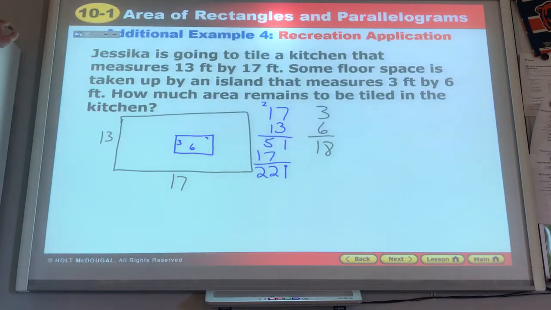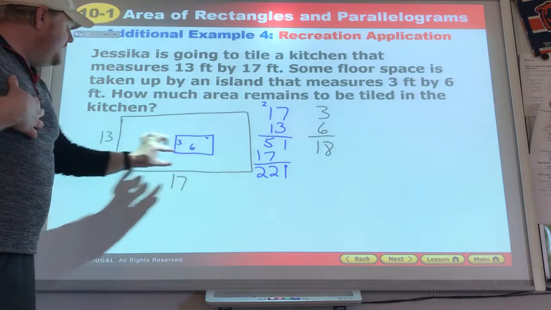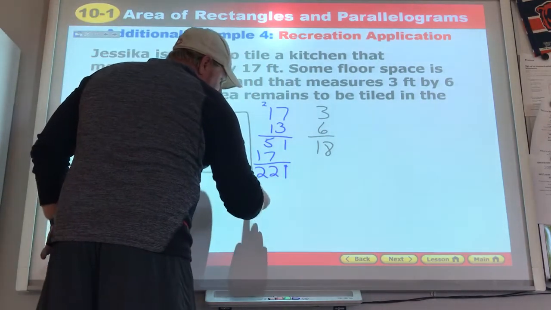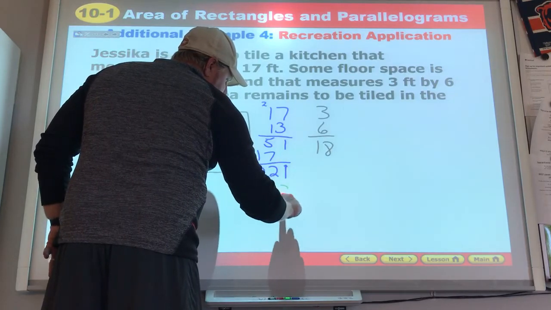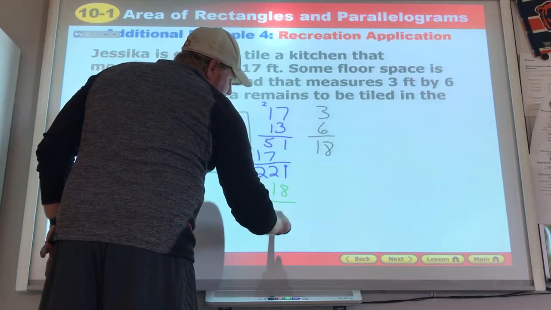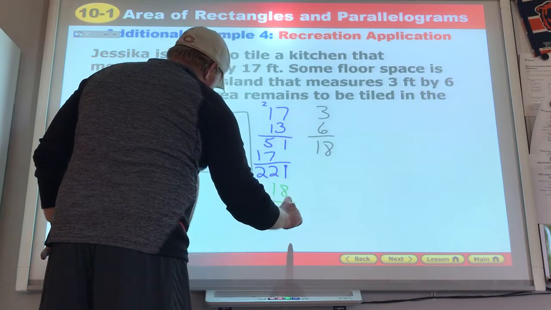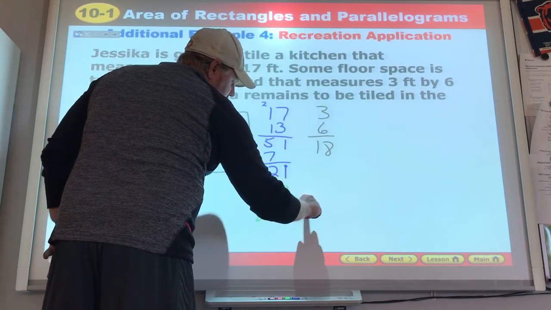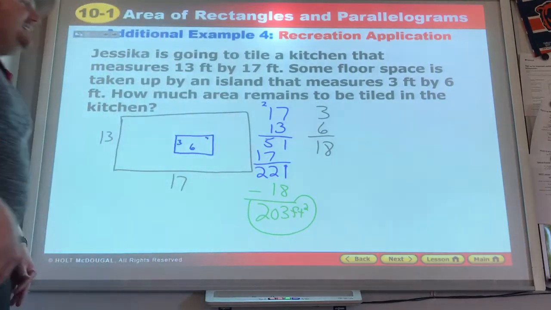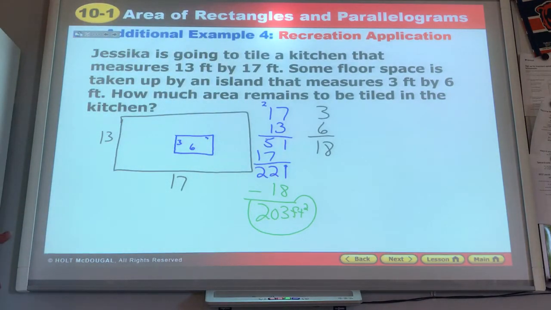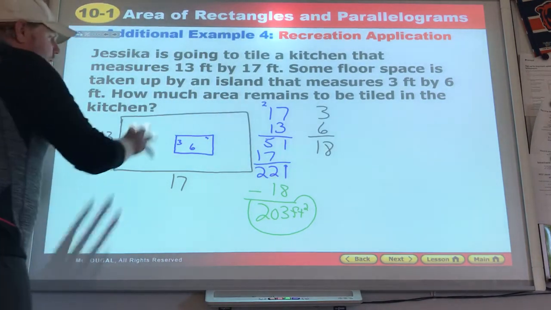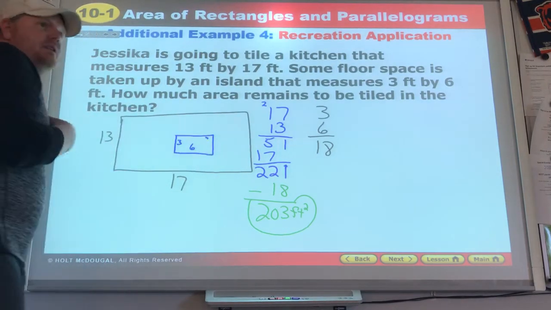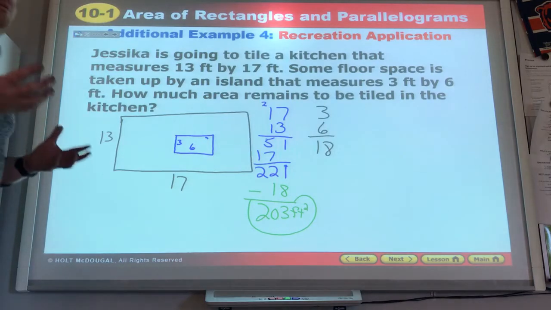So what do I do if I want to figure out what is not covered by that? I would use these two numbers and I would subtract, and I should get 203 feet, and since it's area, it's squared, that need to be tiled, okay? If I figure out the total, subtract what was there in that little one, we'd be good to go.